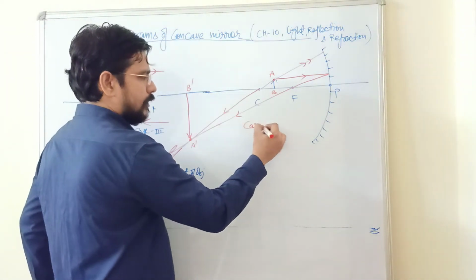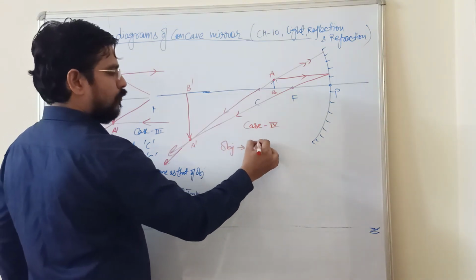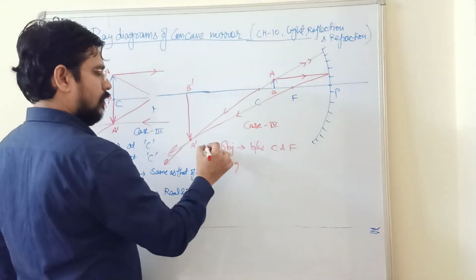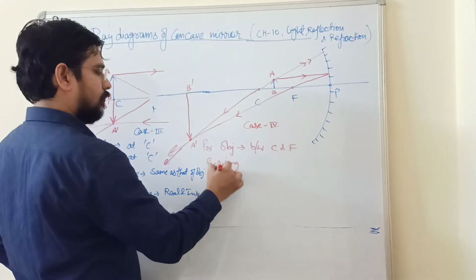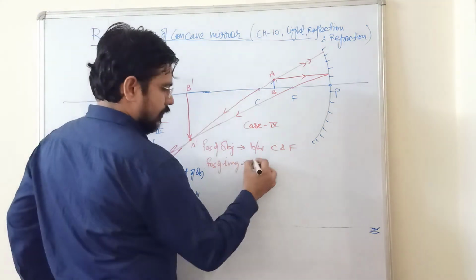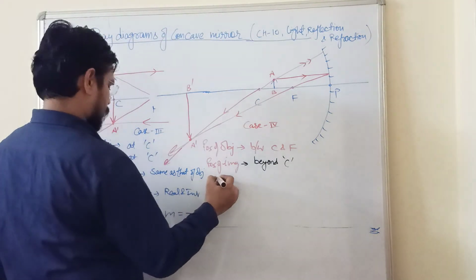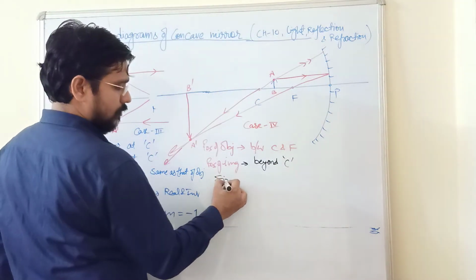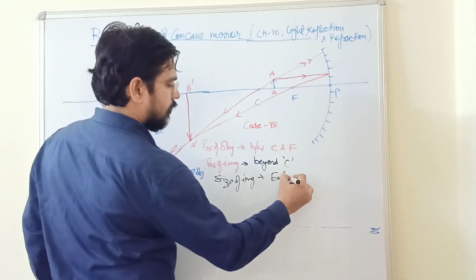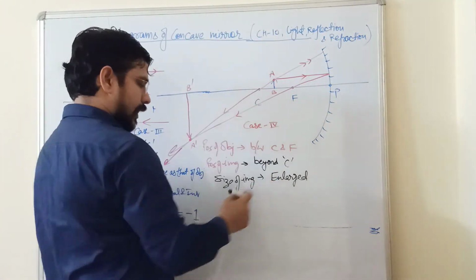So this is our case 4, in which the position of the object is between C and F, and the position of the image is beyond C, and the size of the image is enlarged, because in this case the size of the image is greater than the size of the object, so it is enlarged.